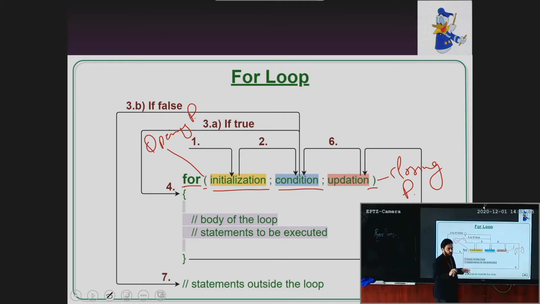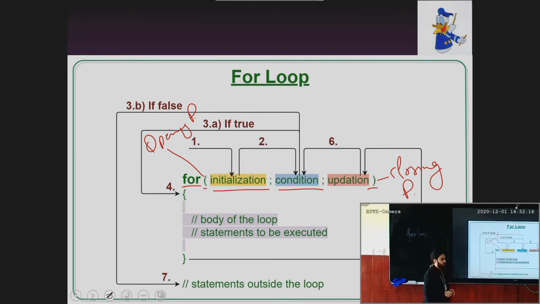This condition statement is very similar to the one we introduce in if else and else if conditions, and we have also seen conditions in the while loop and do while loop. In a similar way, we can use the condition statement here in the for loop.